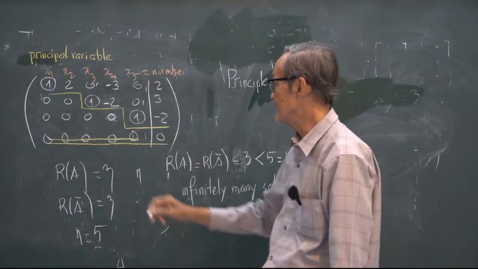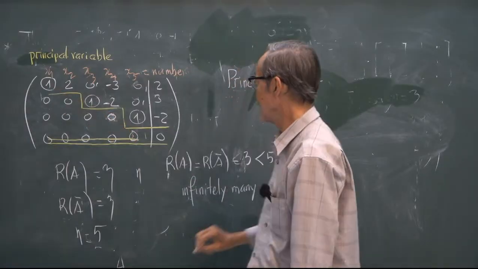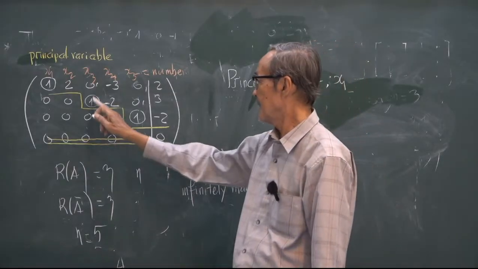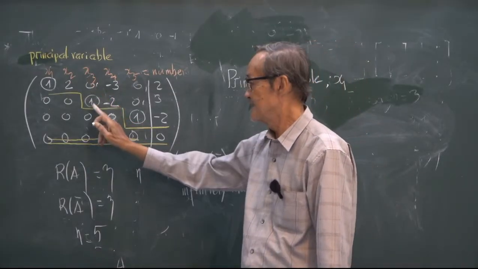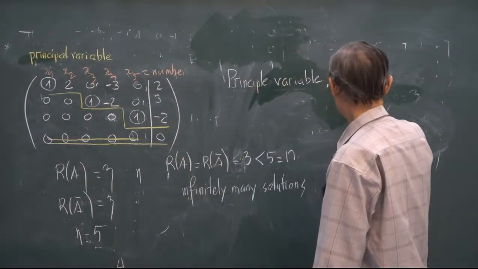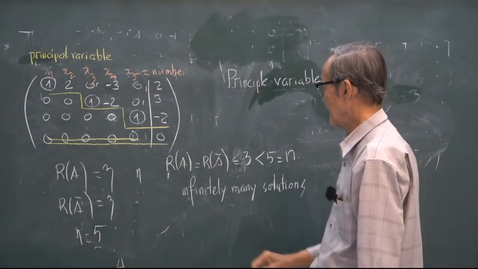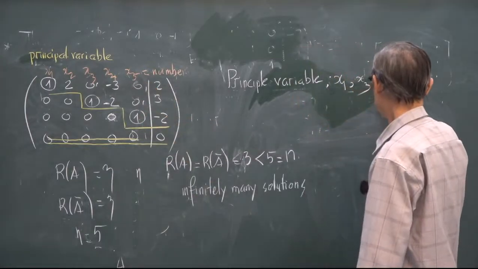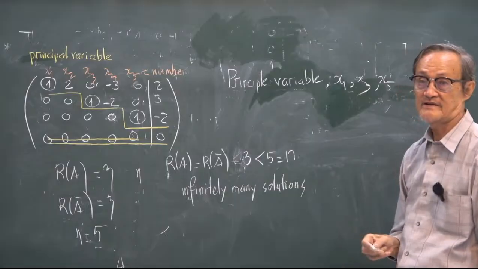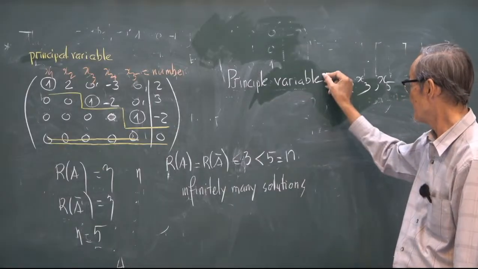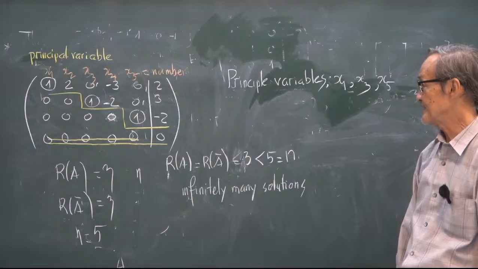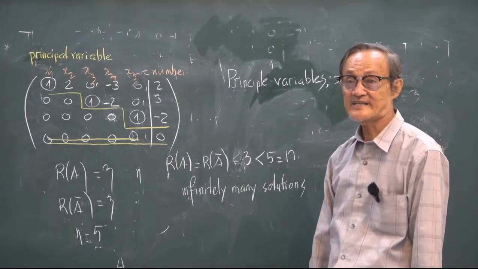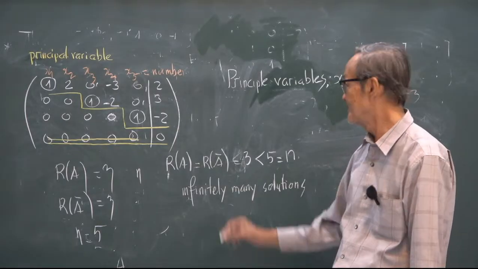Here x3 is a pivot, and here x5 is a pivot. Principal variables correspond to pivots, and the other variables are free. They can take any value.